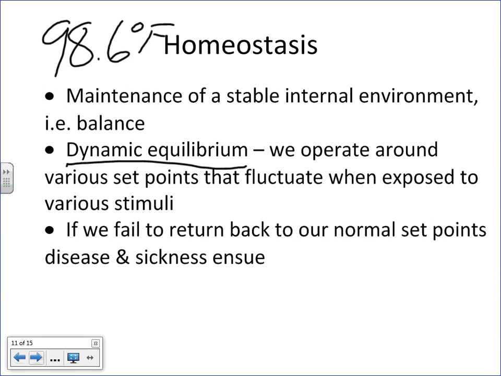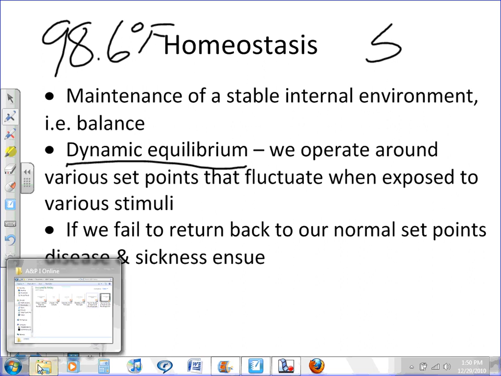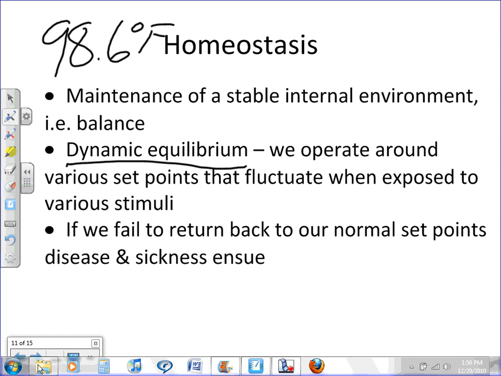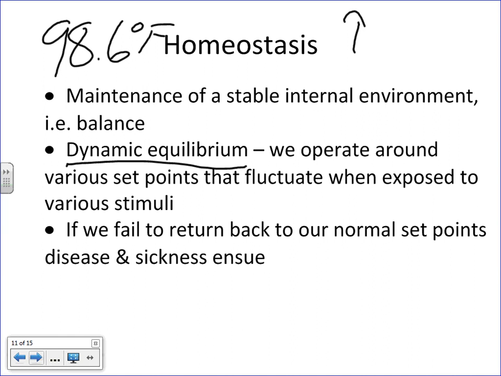Okay, body water levels. There's so much water. We maintain our body water levels by monitoring sodium levels. And if what's called our osmolarity changes, if our body salt starts to get too high, then we become dehydrated.